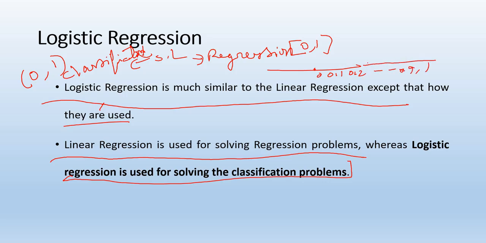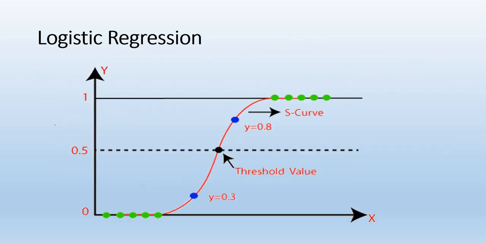Wherever the value lies, it lies in between. That means continuous value prediction can be done by regression. So linear regression is used for this kind of continuous value prediction, but logistic regression is used to solve classification problems. How is it going to solve classification problems, being a regression kind of algorithm? That's what we are going to see.